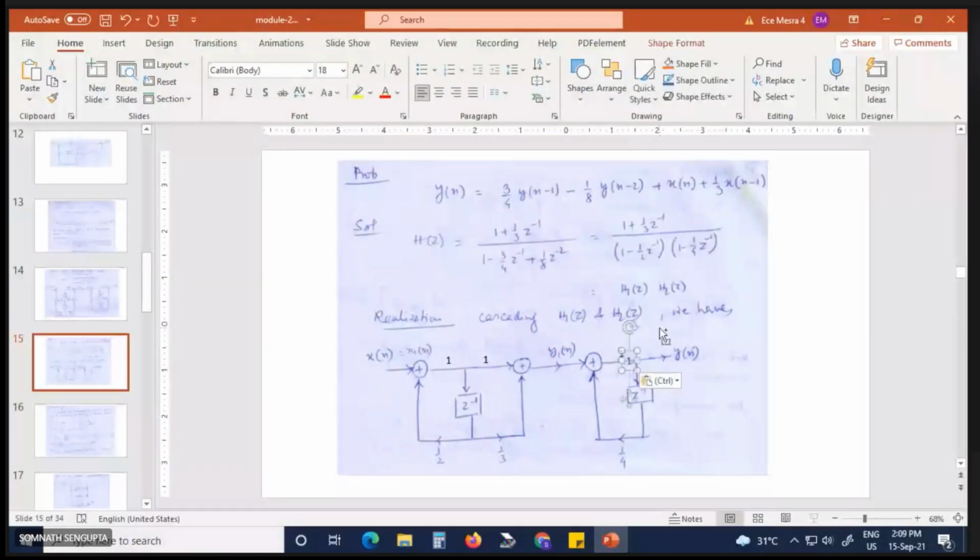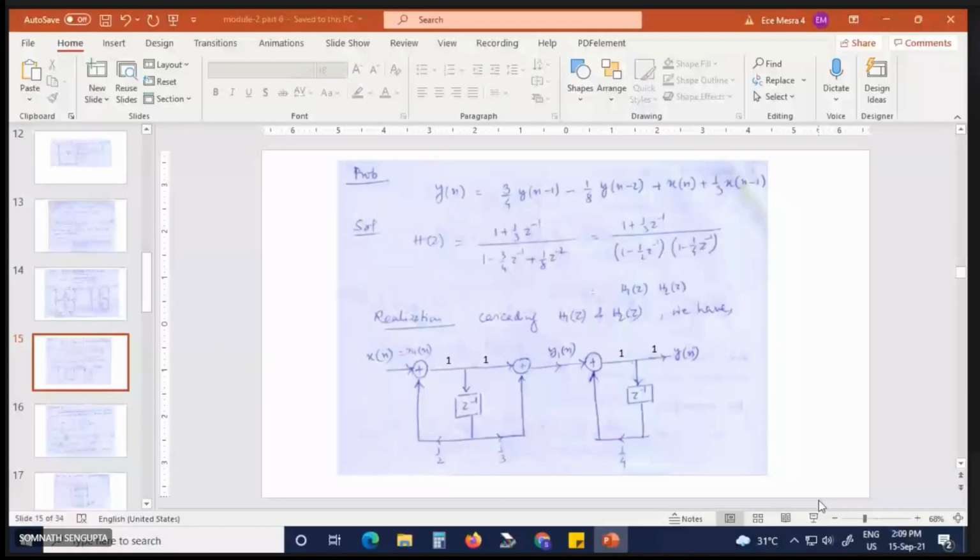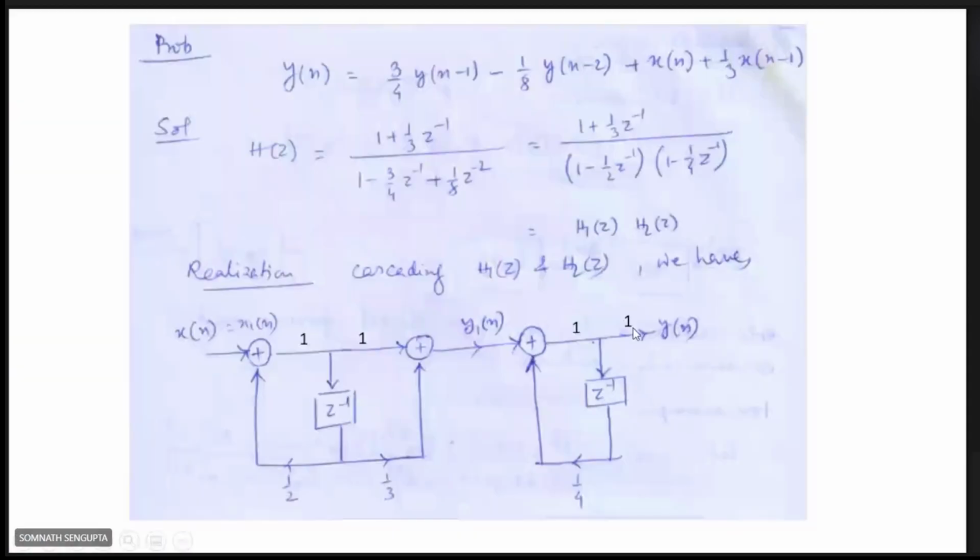This one is here, and I have not drawn the arrow over there. So this one is 1 here. And z inverse is not there in the numerator of H2(z), so no further delay is considered.